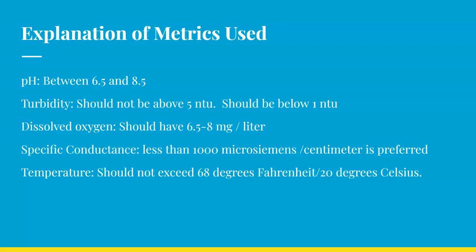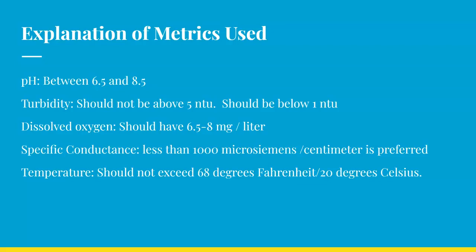And then dissolved oxygen should be 6.5 to 8 milligrams per liter. At lower temperatures, water can hold more oxygen, which is what we want for healthy fish and other aquatic organisms.